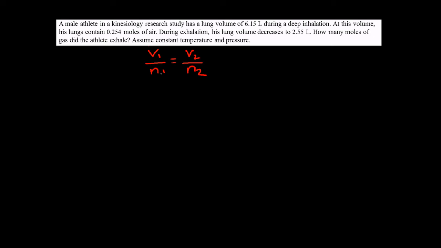So what we're actually trying to find is the difference between N1 and N2. Now we do have to find N2 in order to get that, but N2 is not going to be our final answer. So we're going to do algebra similar to the last question. Essentially take everything on this side and flip it and put it over here, and then multiply everything by N2, and that will give us N2 is equal to V2 times N1 over V1.